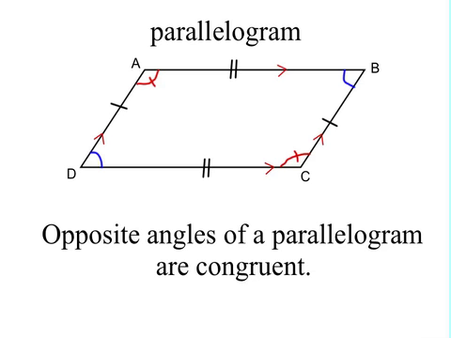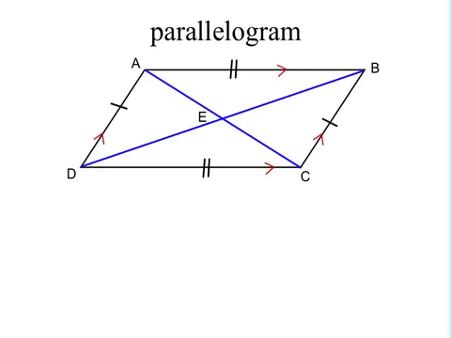So we started with just the definition of parallelogram, and from that definition, we've been able to prove that the opposite sides are congruent and the opposite angles are congruent, and we've marked those congruent parts. But wait, there's more.